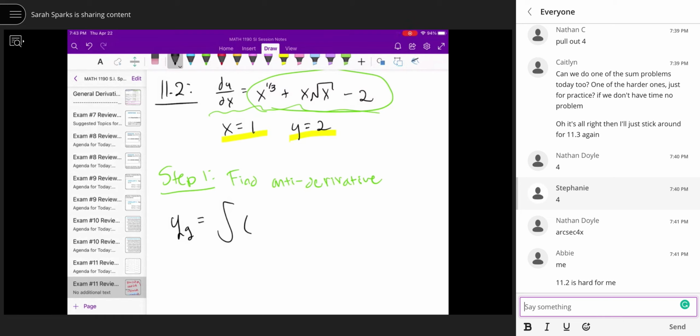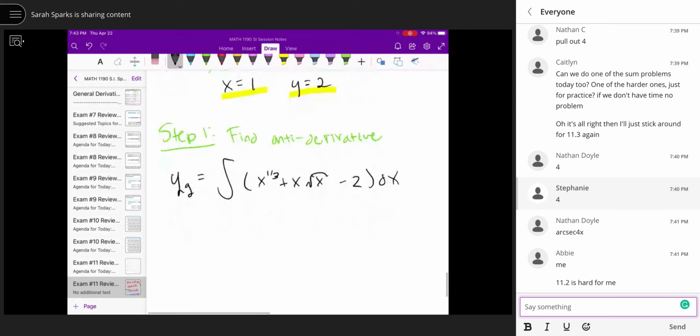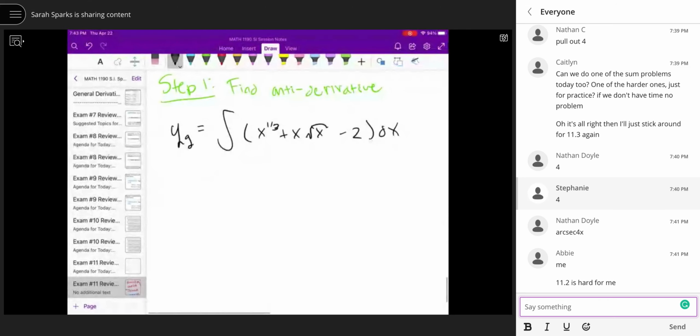All right, so inside this integral, we have x to the 1/3 plus x times root x minus 2 dx. The first thing I would do is split up these integrals. It'll help you not make a mistake anywhere. You can keep it as one, but I would split them up if that's how you've been doing them.